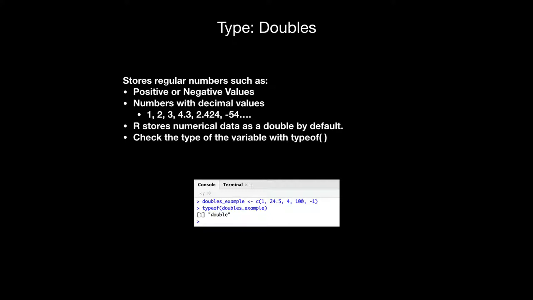It tends to make your life a little easier when it comes to not declaring the variable type. And being able to check the type of it is a pretty important task to do, especially when you're getting started. You can go ahead and use the function typeof, and then you put the variable name within there, and the response you're going to get from the console is type double that we see here.